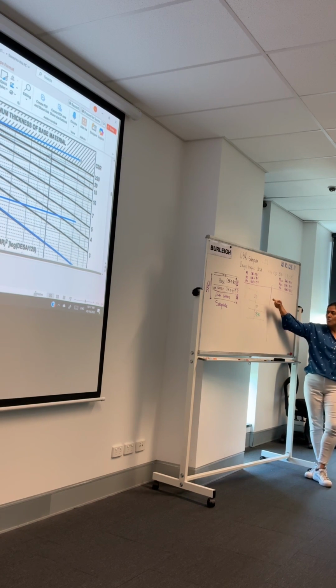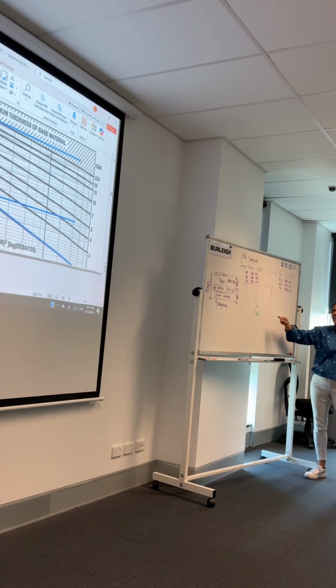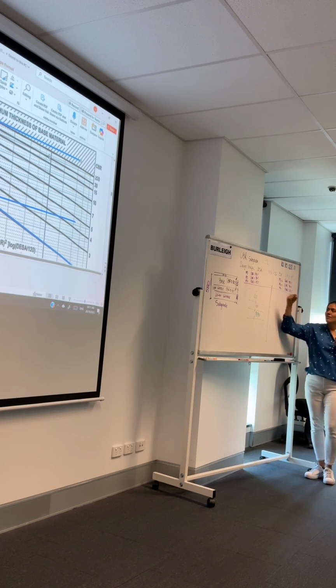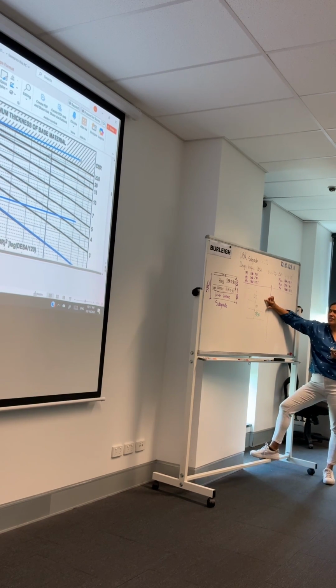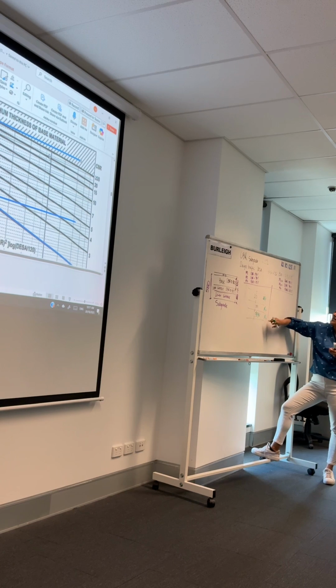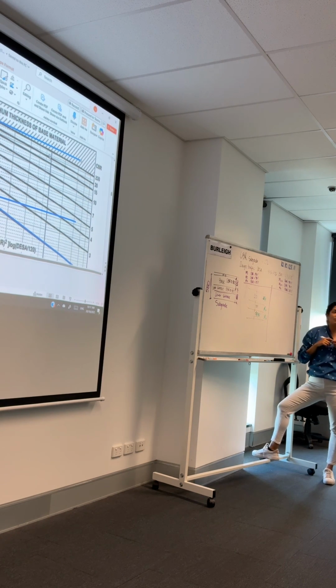Okay. 120, 130, and 330. So the rule says, for this one needs to have a CBR of 80%. Does it have it? Yes. This one needs to have a CBR of 30%. Does it have it? Yes. This is M1, M2, M3. Then the other rule says, for the first 250 millimeters, the CBR has to be greater than 13%. Is that happening? Yes.